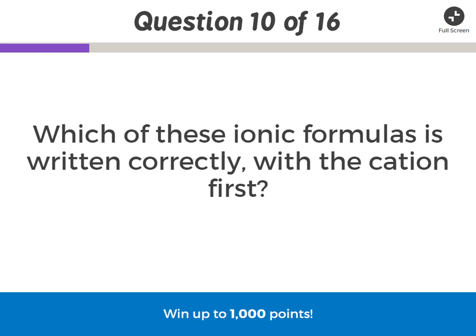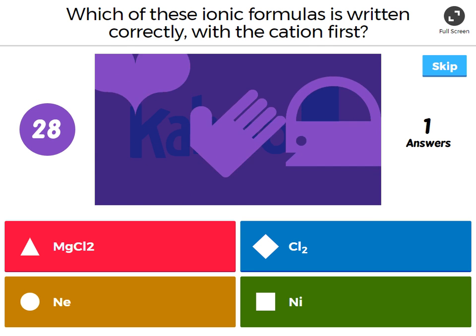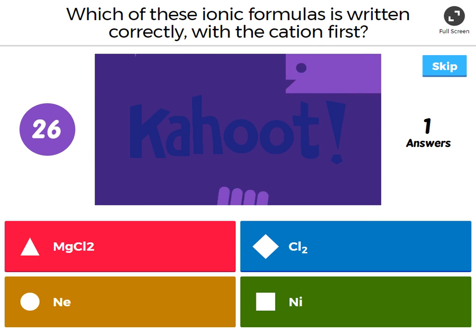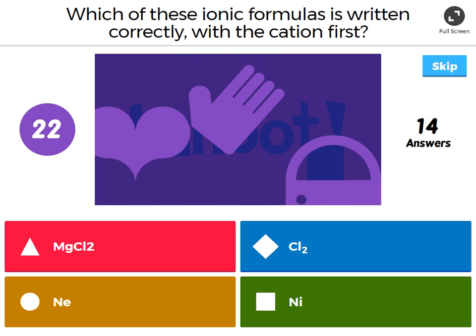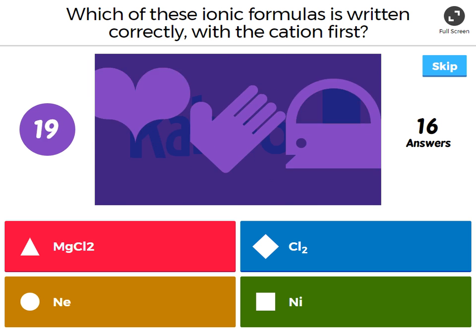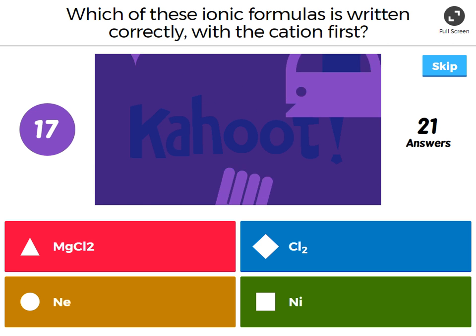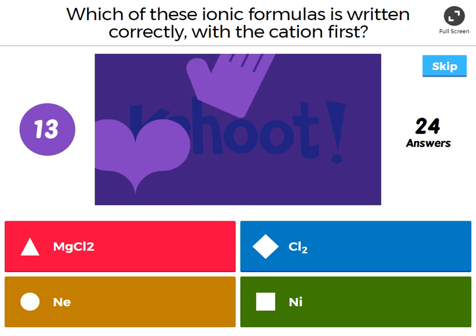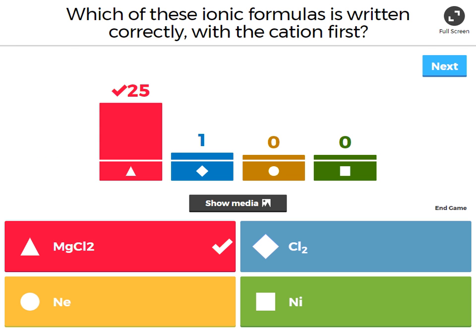Which of these ionic formulas is written correctly with the cation first? Look closely. We actually did that question earlier in class, so we've done magnesium chloride a lot.